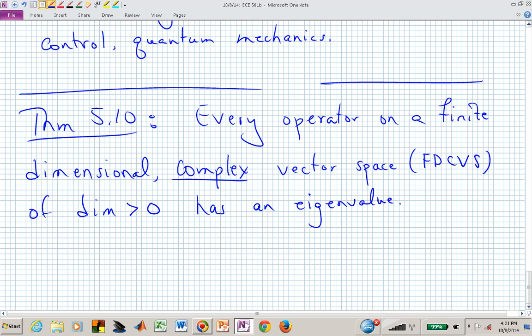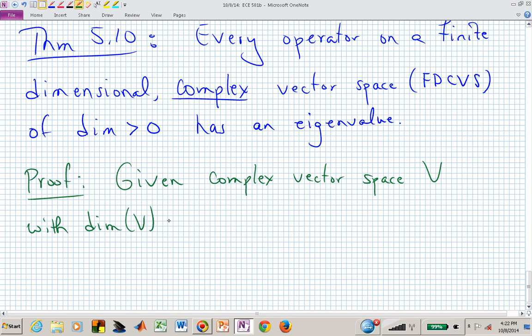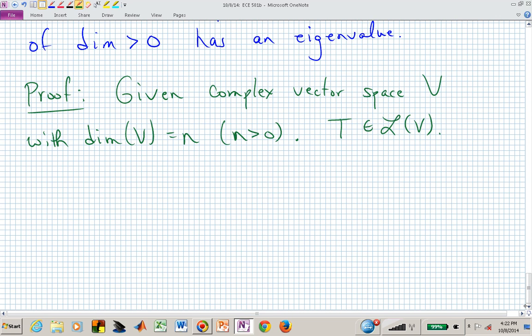Let's prove that. We're starting with a complex vector space V with dimension of V equal to little n, where n needs to be bigger than 0, and a linear operator T on that vector space.